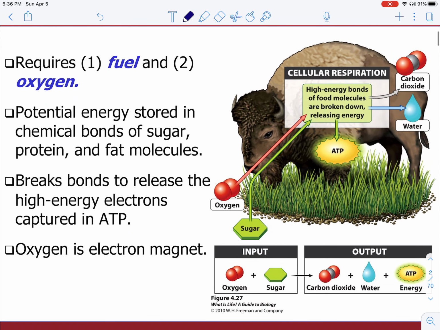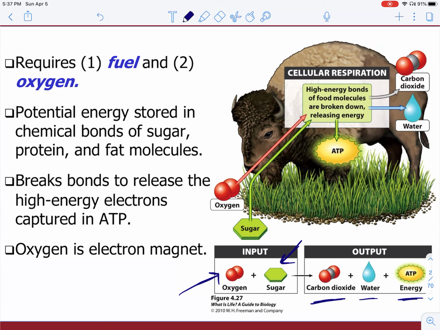And so this process of cellular respiration uses a fuel and source of sugar and oxygen in order to form carbon dioxide, water, and ATP. Now, it is cellular respiration because the cell is respiring as we do. We, as organisms, breathe in oxygen and exhale carbon dioxide.